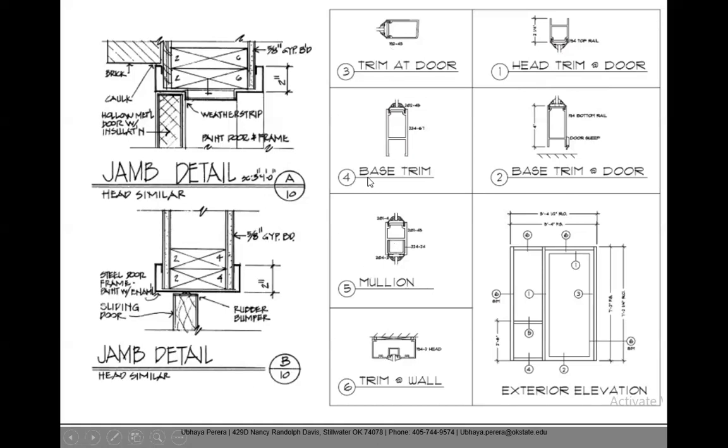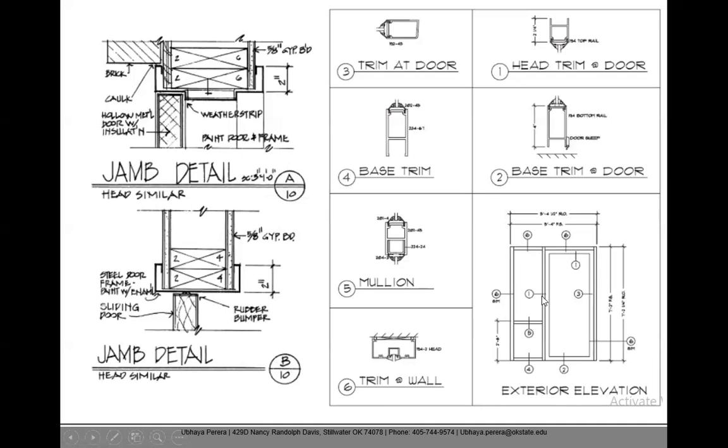these are the sides. And if there are any mullions like this, see, number 5 is here. Number 1, head trim, yes, this one. Number 1, I don't know why they put that. The same thing follows all around.